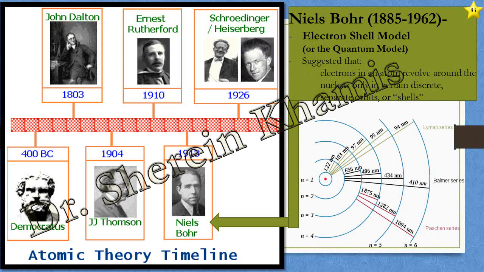This is the shape here. This is the third or fourth shape for the models that we discussed before. We said Democritus, John Dalton, Rutherford, Thomson, and here we have Niels Bohr.